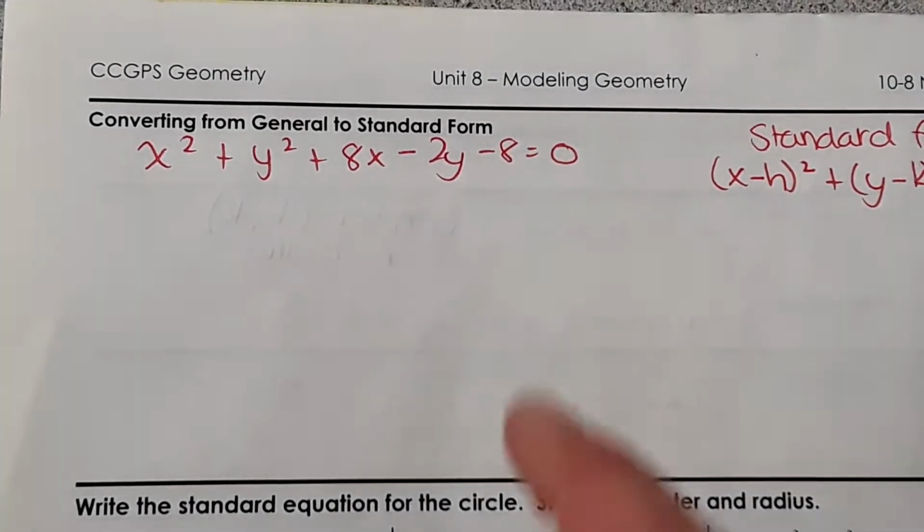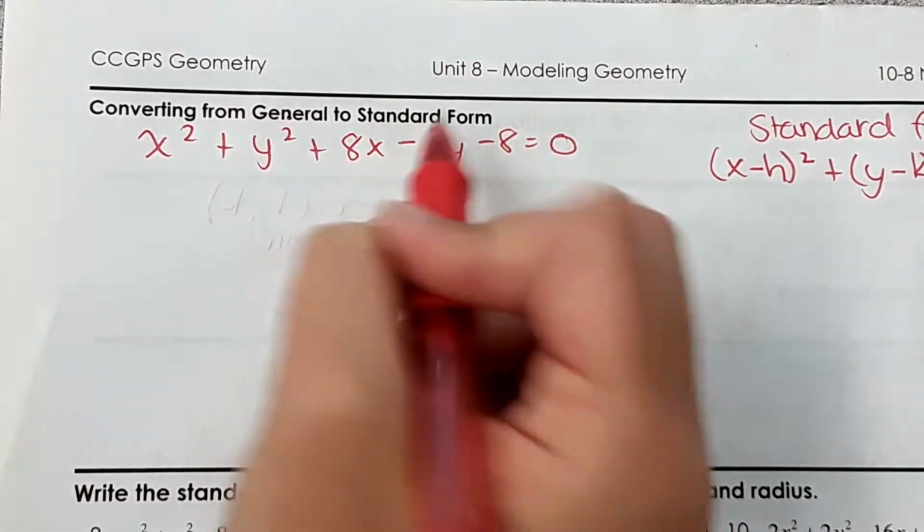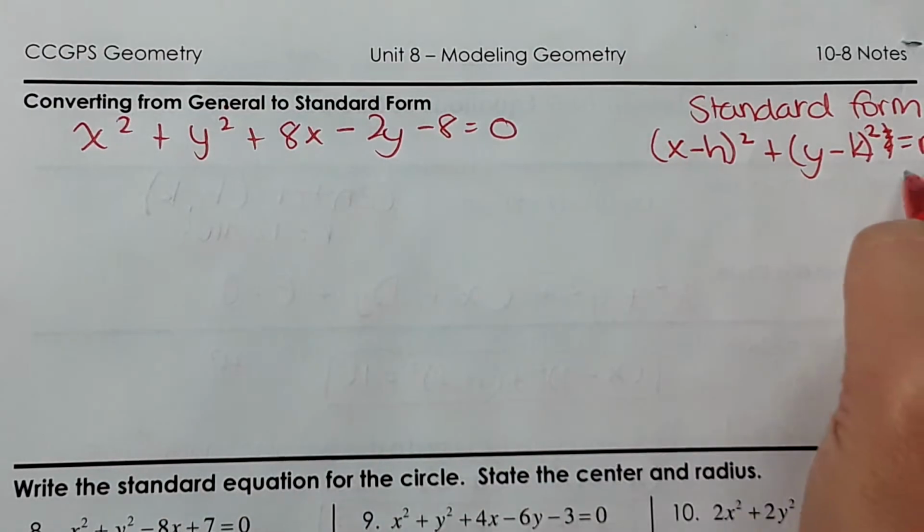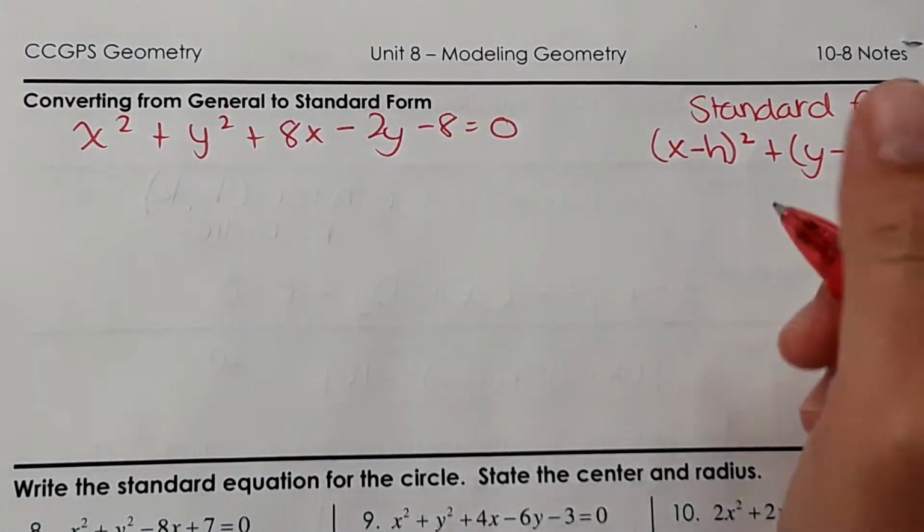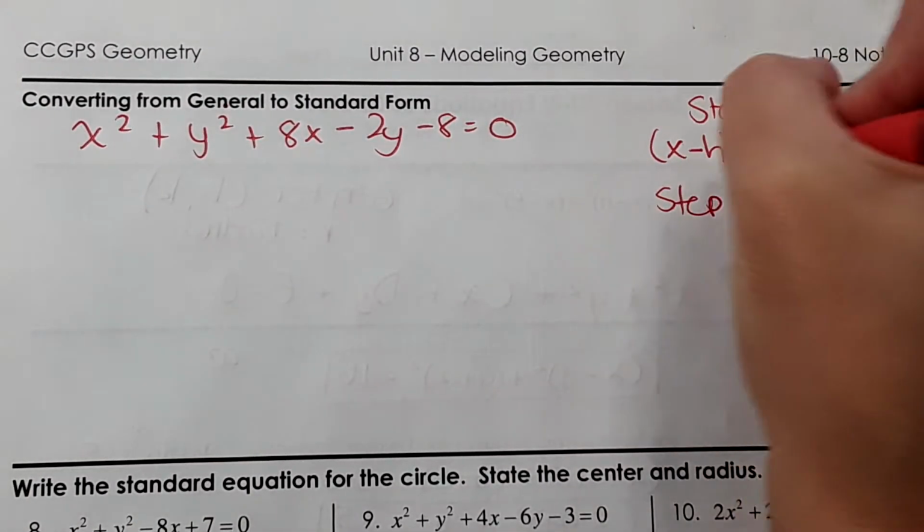So here we're going to take it from general to standard form. General looks like this, standard form looks like this. Standard form is the one that you can actually graph from. Step 1 is we're going to group.